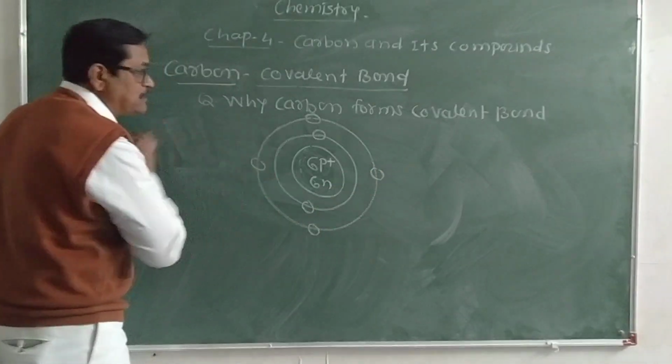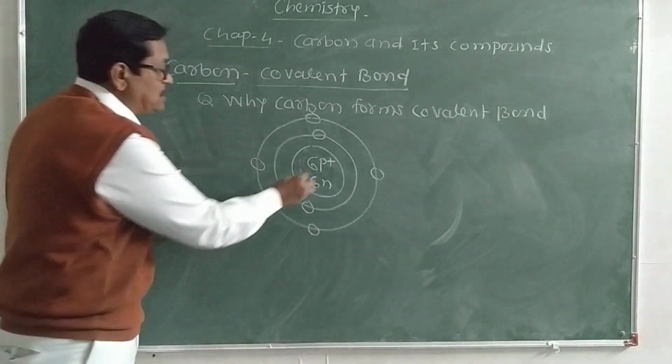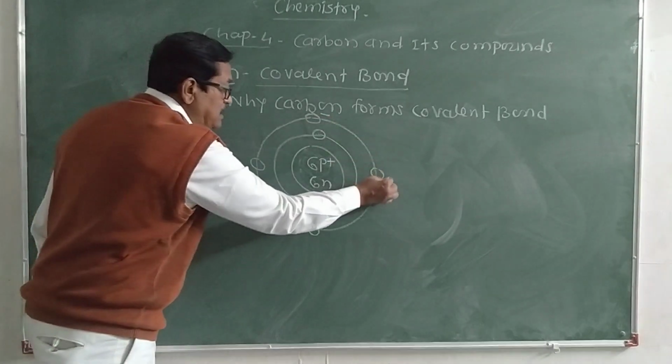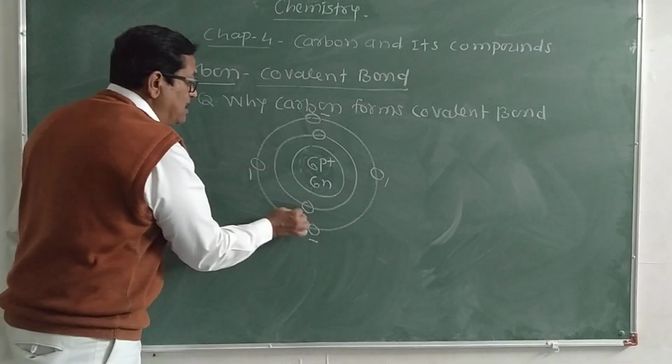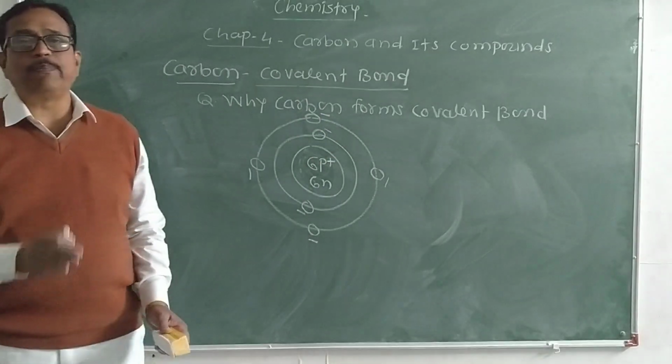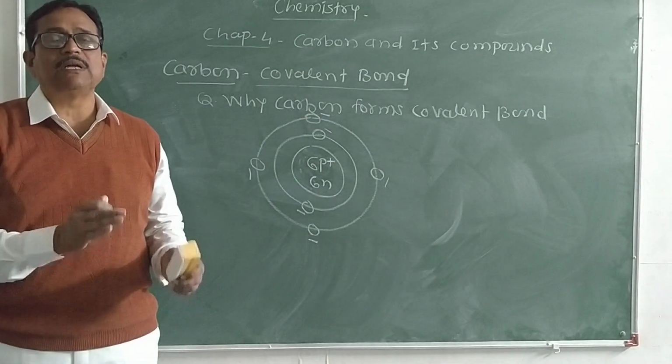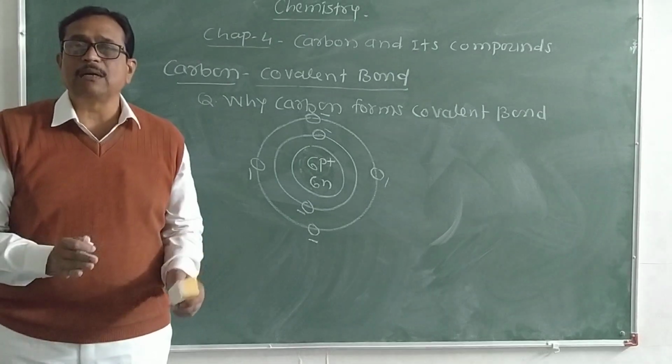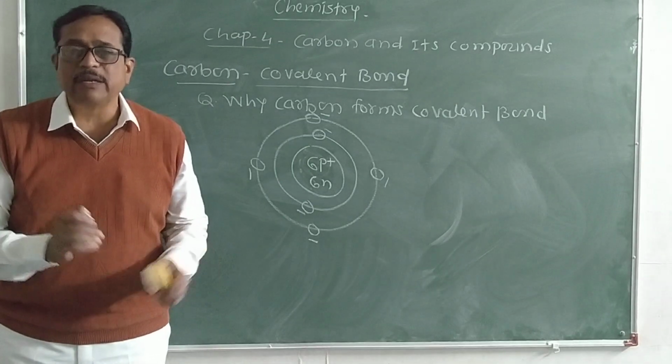These 6 positive charges and 6 negative charges hold tightly to each other. Dear student, the positive and negative charges in the atom are the same, hence the atom is called electrically neutral.